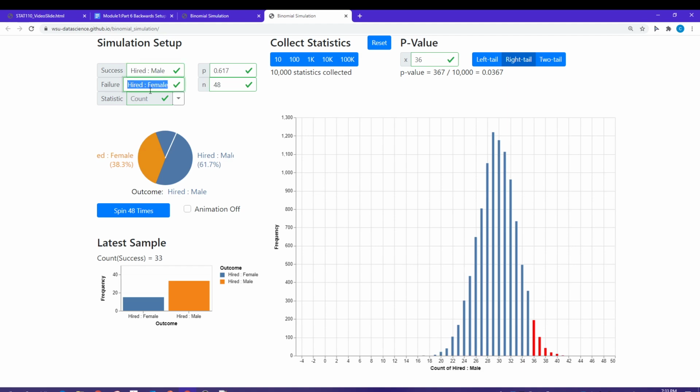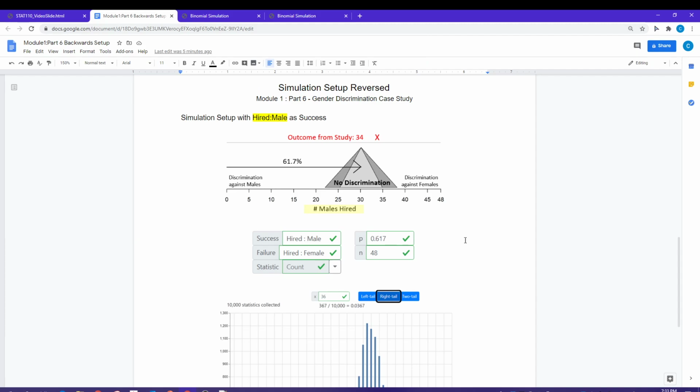Hired female is going to be a failure. I'm going to use that 61.7% in this box. I'm going to build my reference distribution. I'm going to use right tail now, and I need to find a cutoff for right tail. It turns out that 36 is a good value to use here. So that 36, again, is on the upper end of the distribution because that's going to indicate discrimination against females.